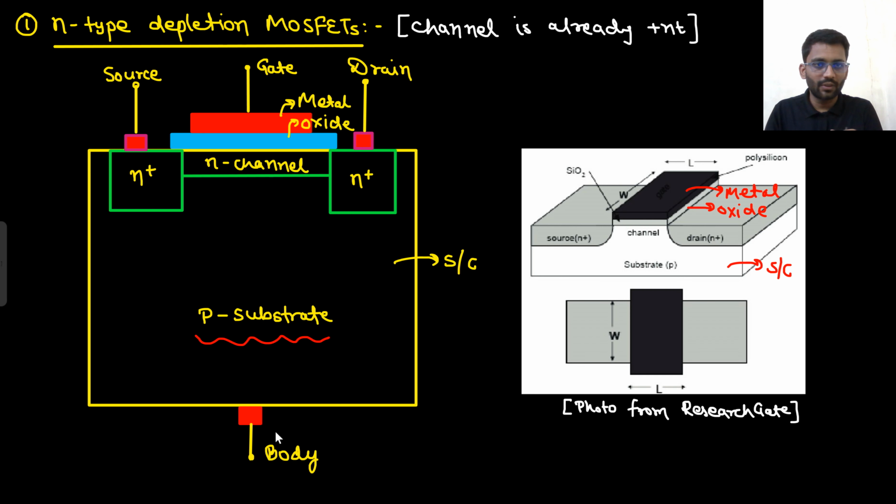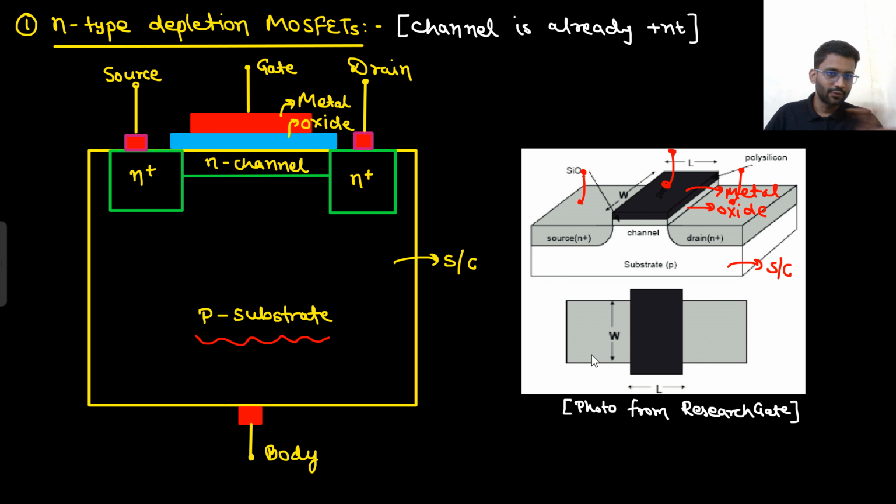Then on that substrate you have oxide and metal. This N plus you call source, the other N plus you call drain, and over the metal you call that the gate. Here you pick one node called gate, here one node called source, and here one node called drain.